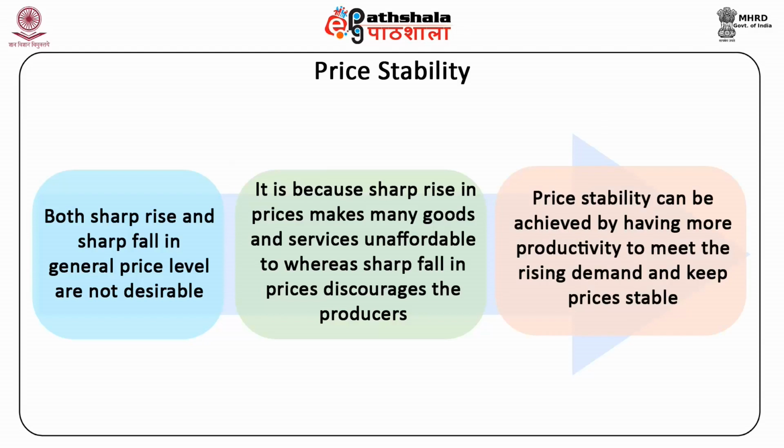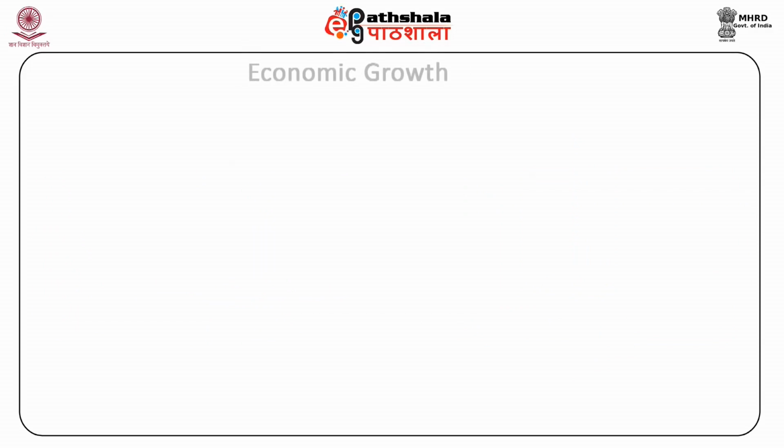So, price stability is desirable. This can be achieved by having more productivity so that there are enough goods to meet the rising demand and keep prices stable. Third, economic growth.